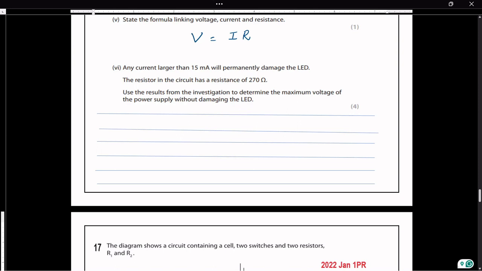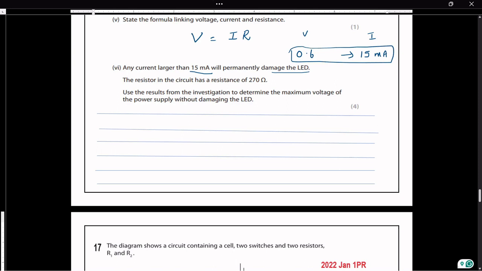Here you can see that the maximum current is 15 milliampere. Beyond that will damage the LED. And from the table you see that when 15 milliampere current is flowing, the voltage is 0.6, from the last set of readings in the table.